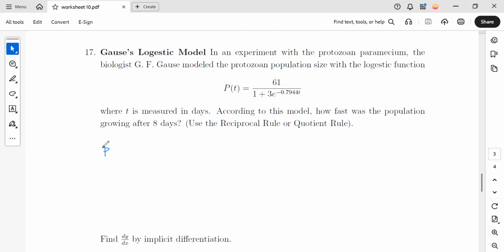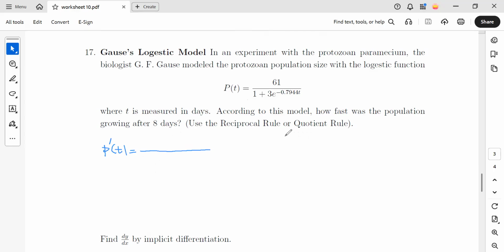Following the reciprocal rule, P prime of t will be a line. At the top, you would write the derivative, and at the bottom, you would write the function as is, or you can follow the quotient rule.